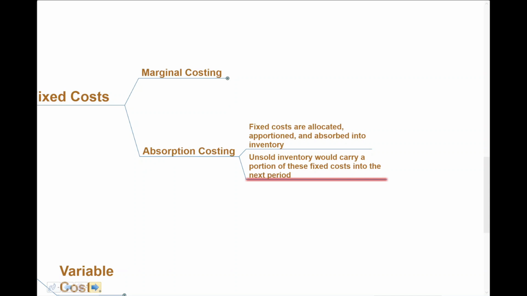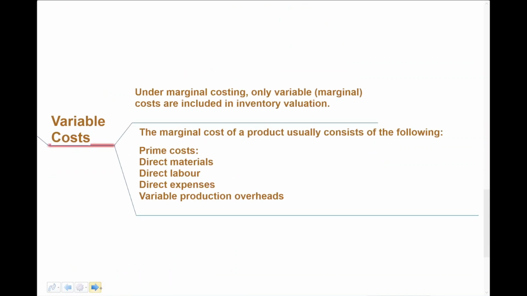So given that, let's move on to the variable cost area, i.e. the idea that only variable costs are relevant. So first things first, clearly, only variable or marginal costs are included in inventory valuation, unit by unit. Now, what will that include?